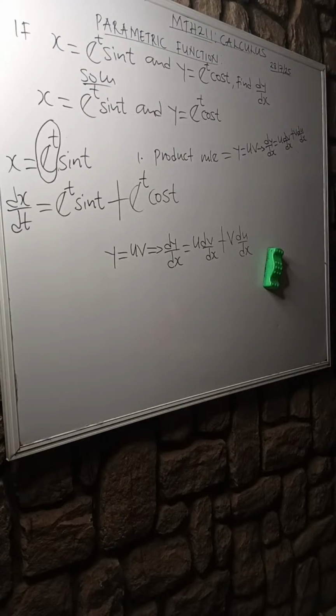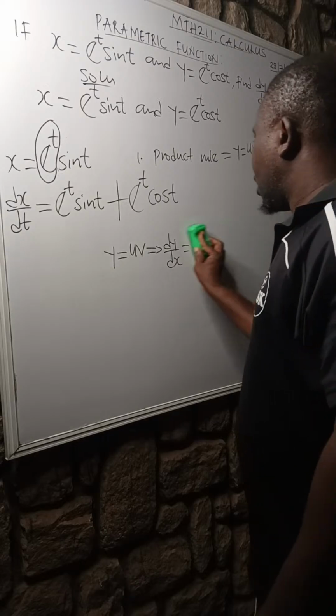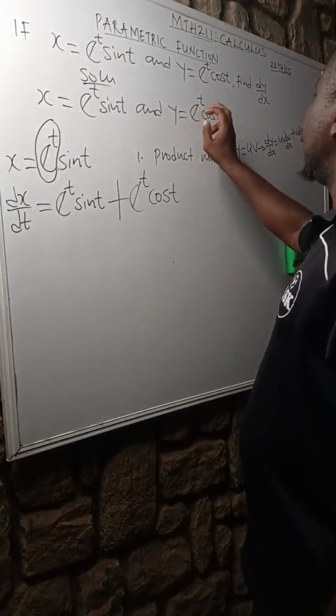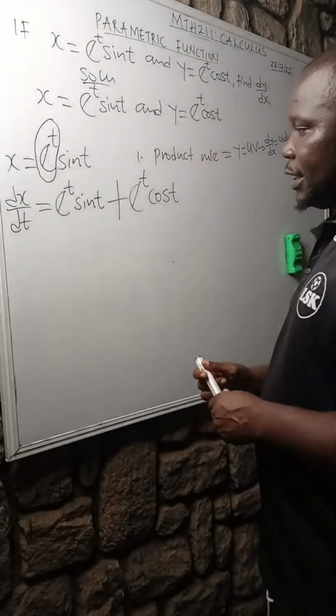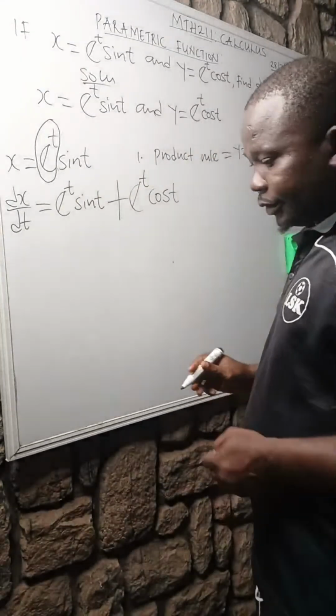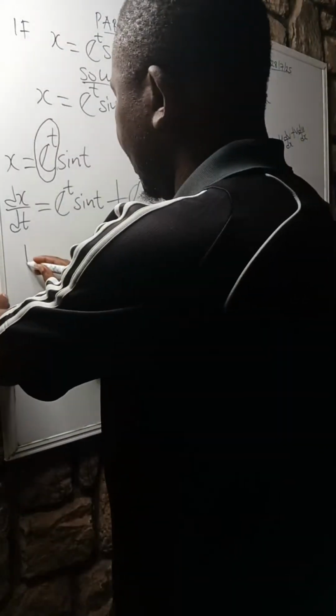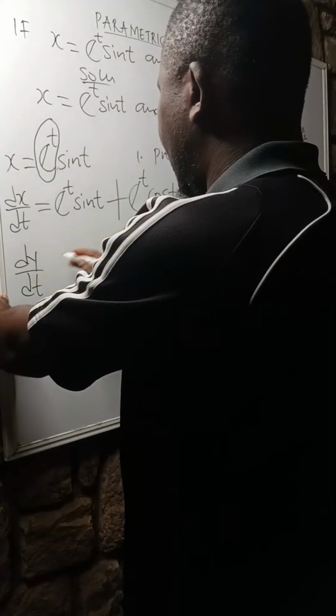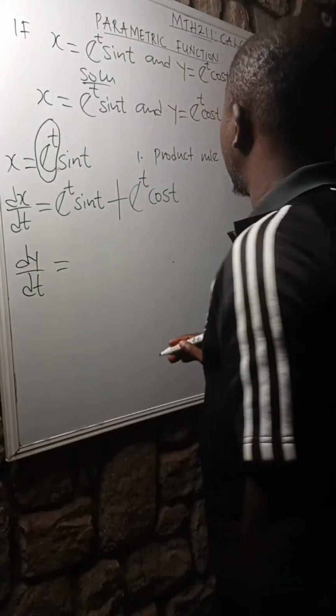Okay, if there is no question, it means I can proceed, right? So our dx over dt is this. Then let's consider this dy over dt.